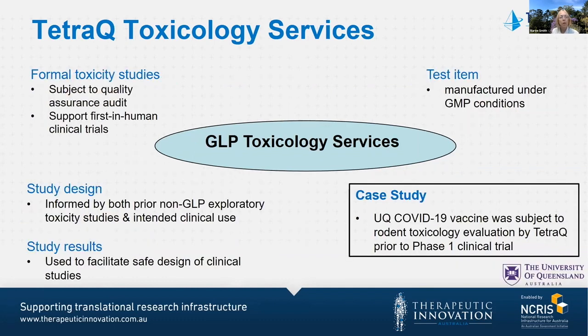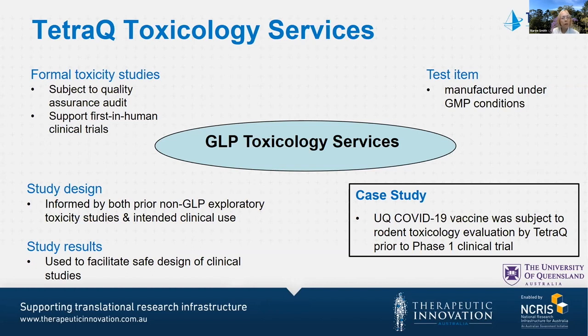GLP toxicology studies are also known as formal toxicology studies. They're subjected to quality assurance audit, and the data is used to support the design of first-in-human clinical trials. The test item needs to be very well characterised and manufactured typically under GMP conditions. The study design is informed by the data from both prior non-GLP exploratory toxicology studies, as well as the intended clinical use.